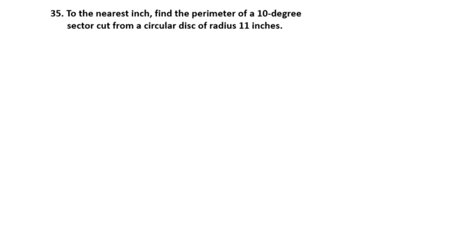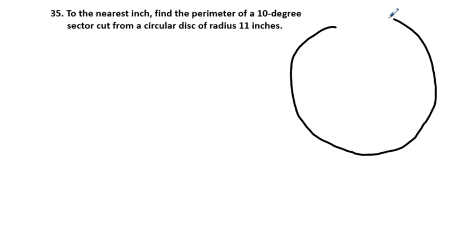Next, our last one we're going to look at: to the nearest inch, find the perimeter of a 10-degree sector cut from a circular disc of radius 11 inches. Well, just to draw what that looks like, we got this circular disc here, and we mark in the center.